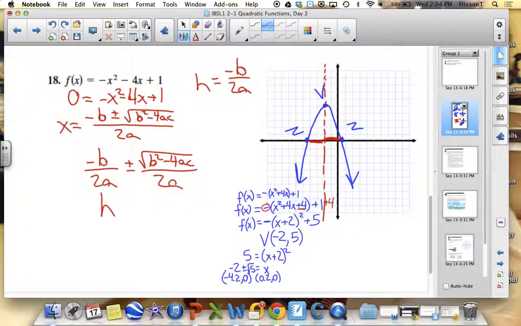So this tells you your axis of symmetry, where your vertex is. This part tells you how far to the left and to the right you have to go to get to your zeros. If you keep that in mind, then if you know your quadratic formula, you automatically will remember how to get h.